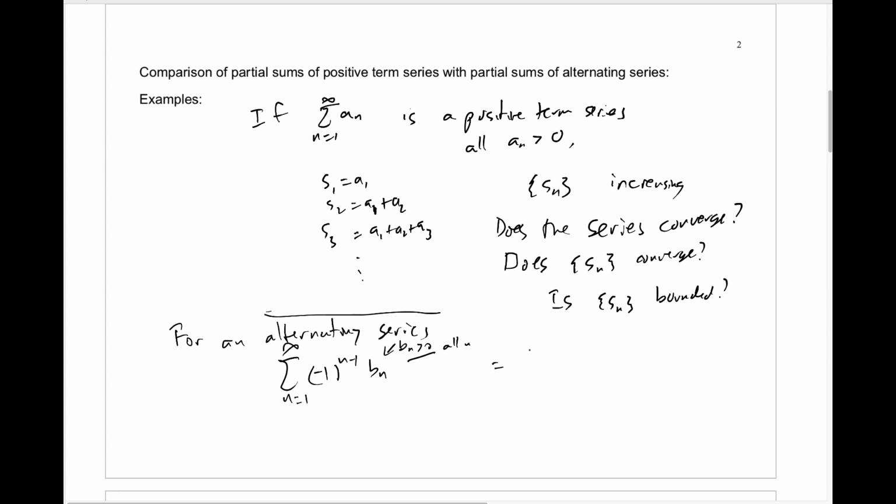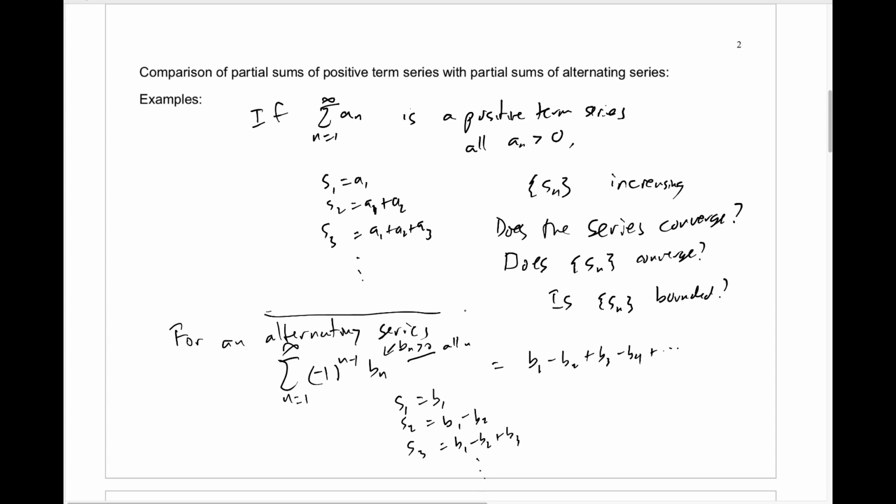So this is going to be b1 minus b2 plus b3 minus b4, etc. So the first partial sum is just b1, the second partial sum is b1 minus b2, the third partial sum is b1 minus b2 plus b3, and we keep going like that.